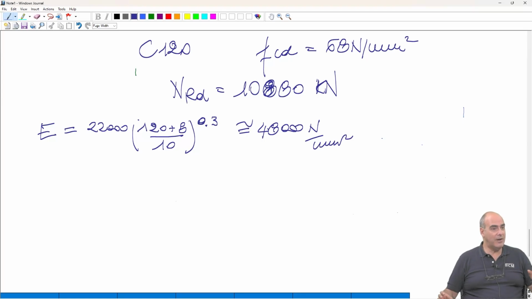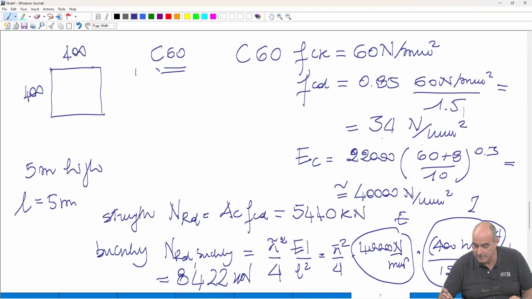So your strength has doubled, twice as much. Your Young modulus has increased by 20%. So what does it mean? Well, it means that your buckling load, the only thing which changes is the Young modulus. So your buckling load will increase by 20%.